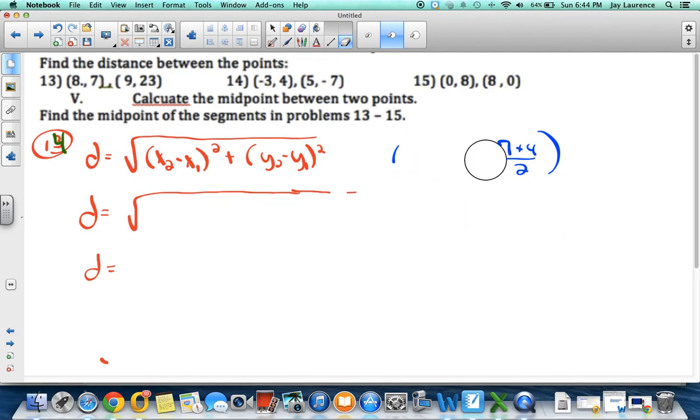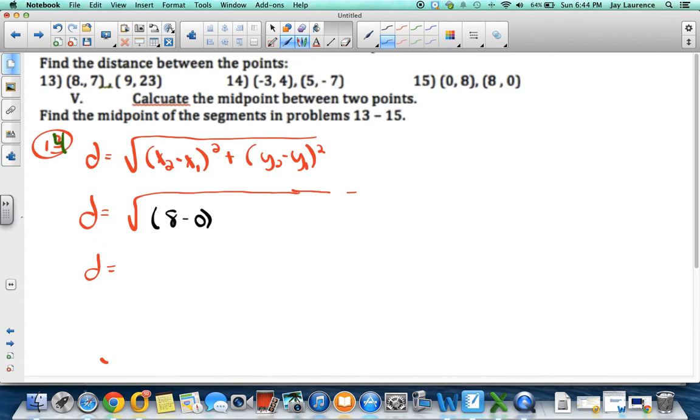Okay, now let's see here, one more to do. And that's this one here. So I'm going to get 8 minus 0 squared, which is going to be 64. And then I'm going to get 0 minus 8 squared, which is also 64.